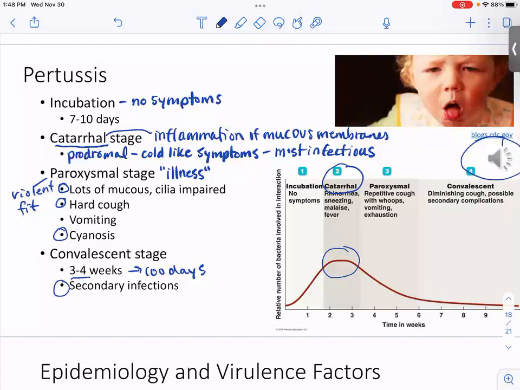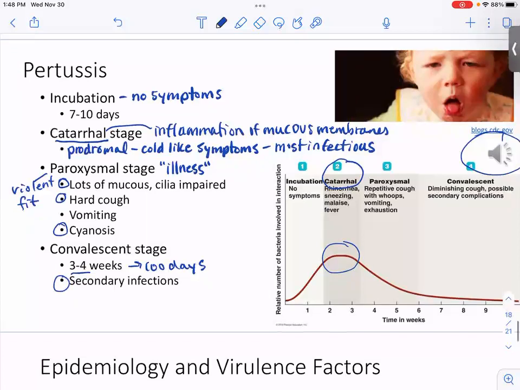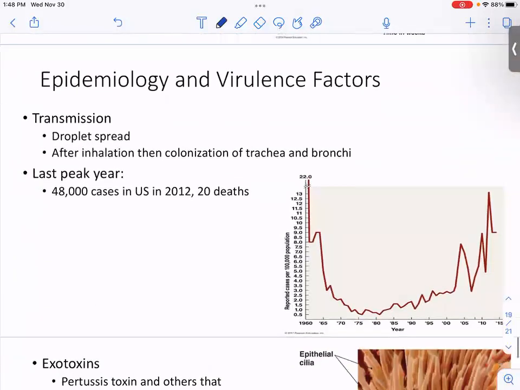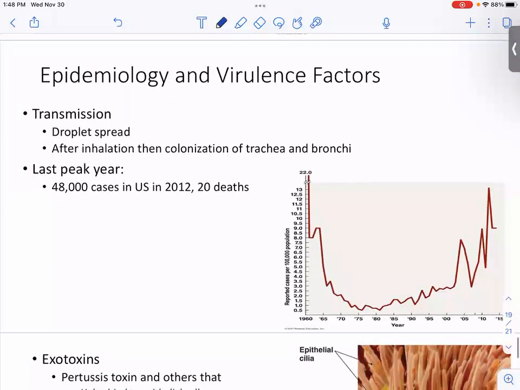So that's what the illness looks like. Luckily, it's pretty rare. Droplet spread, so you have to be in really close contact with somebody. Okay, this is not airborne.